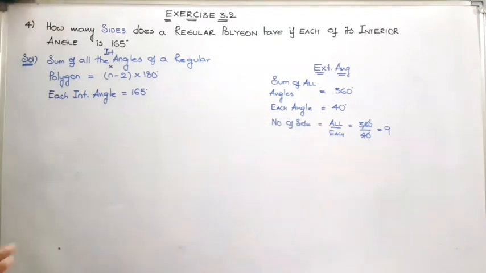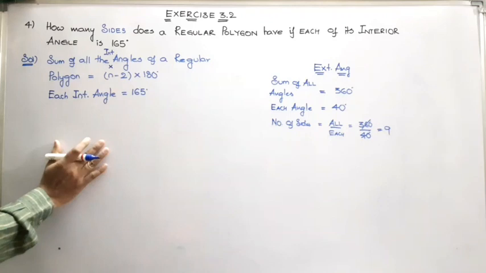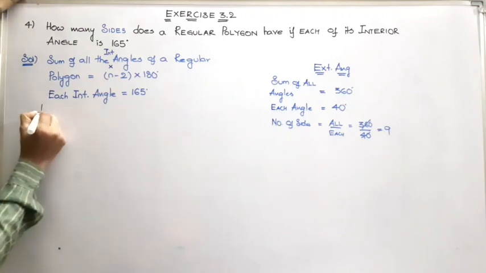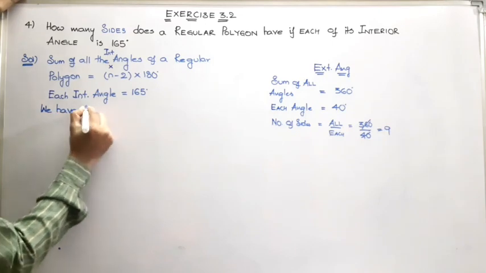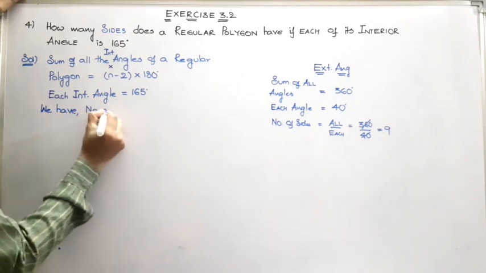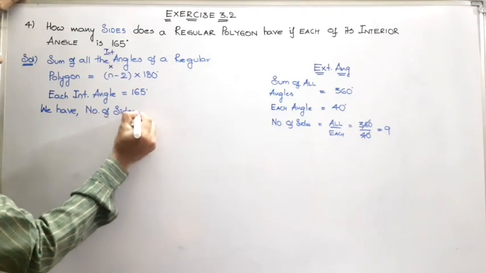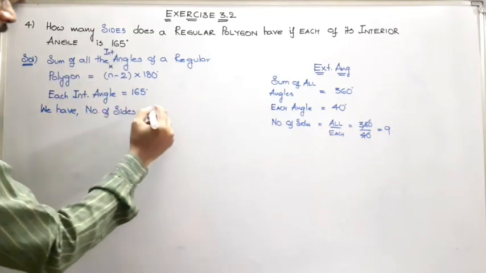All by each. Here, what is the number of sides we took? n, isn't it? We have number of sides is equal to sum of all by each interior angle.